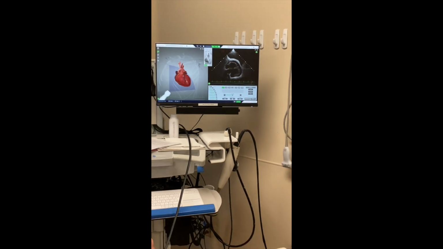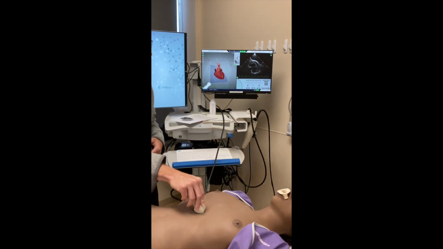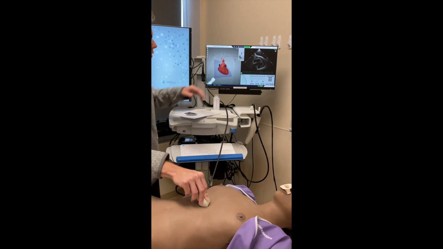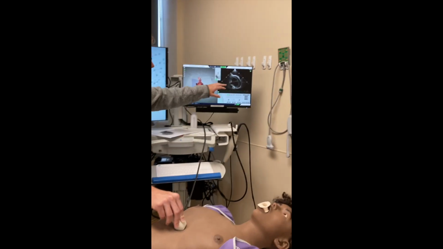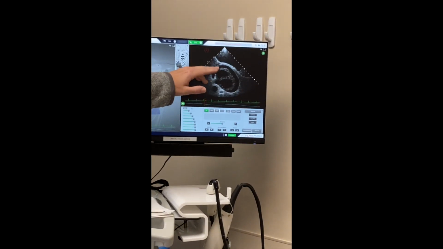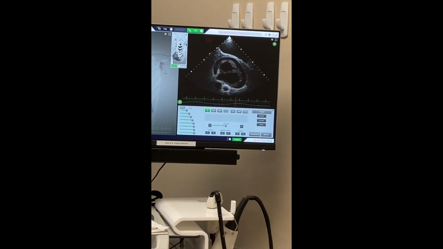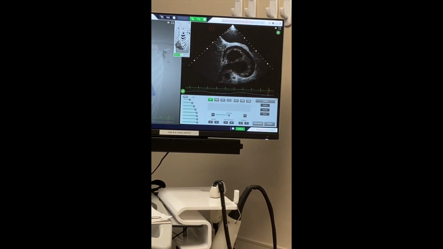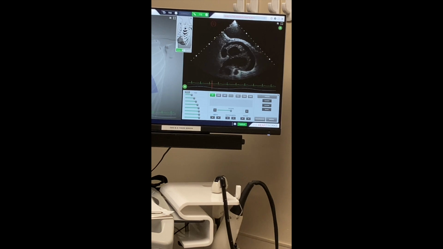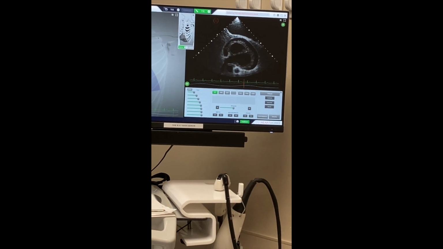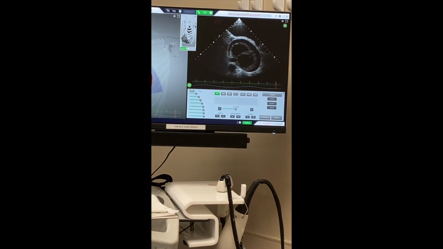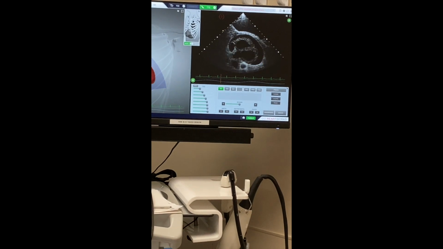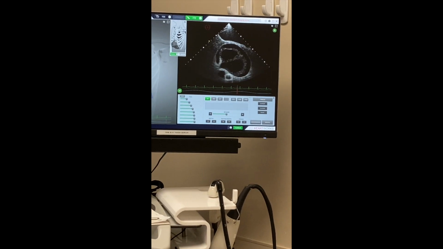Other things in Beck's triad are JVD, pulsus paradoxus, and then specific findings on your ultrasound on the right ventricular free wall. You can see it's kind of tenting here, not really contracting. Other things you're going to see are collapse of the right side of the heart during diastole, during relaxation of the heart, because of that pressure from the pericardium pushing on the ventricular free wall.